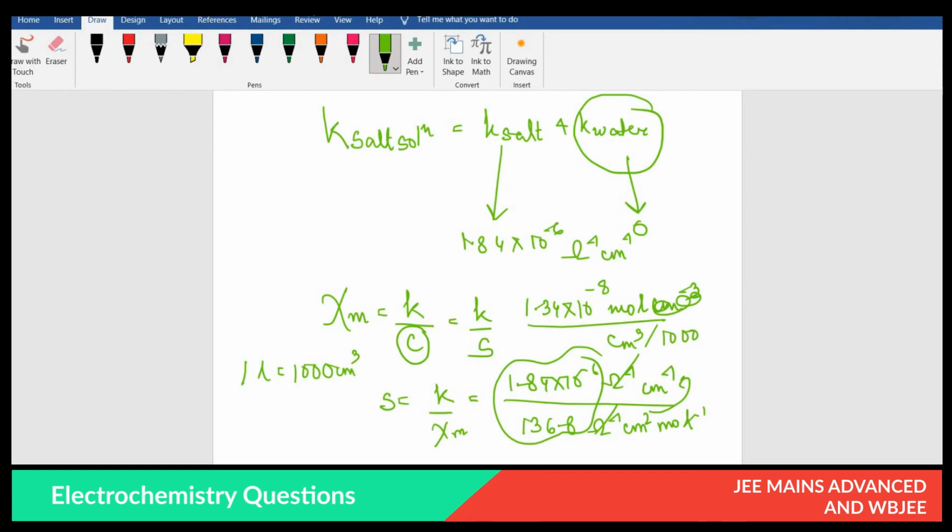So, this divided by 1000 would go up and become 1.34 into 10 to the power minus 8 into 10 to the power 3. So, this would be 10 to the power of minus 5, and you would get your unit as mole per liter. Your answer will be 1.34 into 10 to the power minus 5, which matches your option B very clearly.